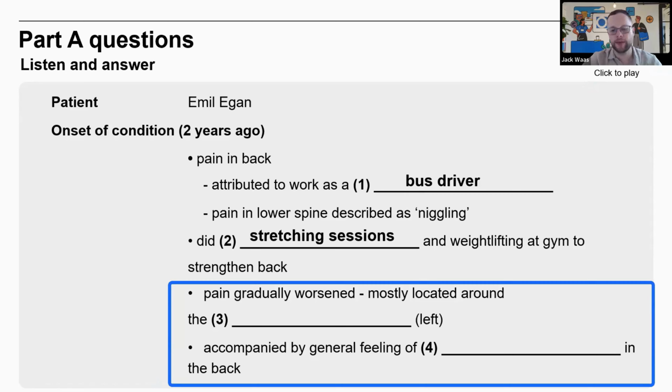So I'll give you maybe 10 more seconds to just read through that and think about what you might be listening for. All right. So let me go ahead and play this for you.